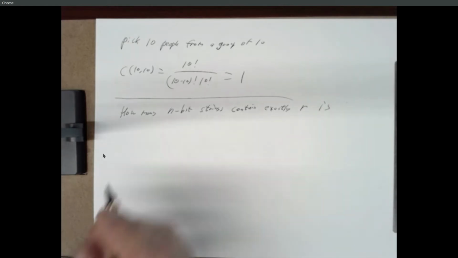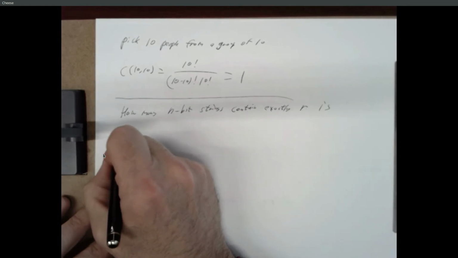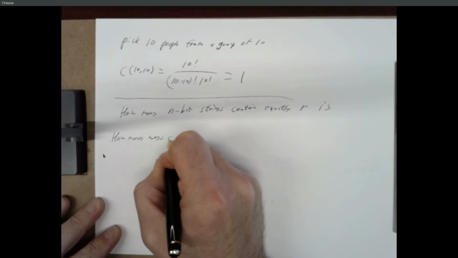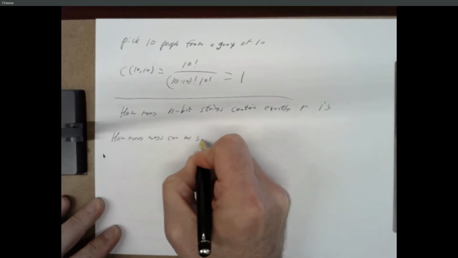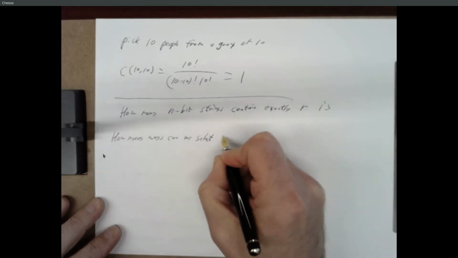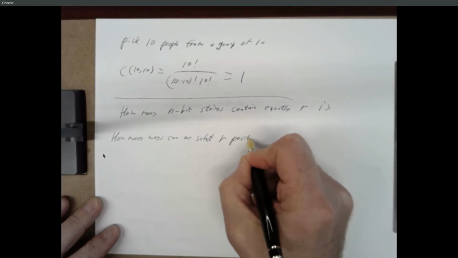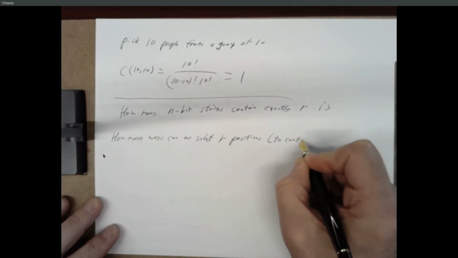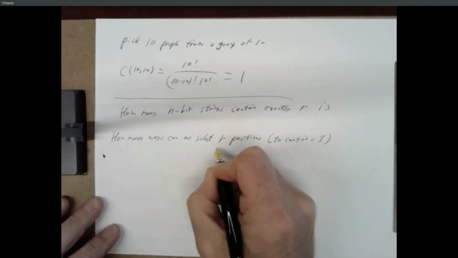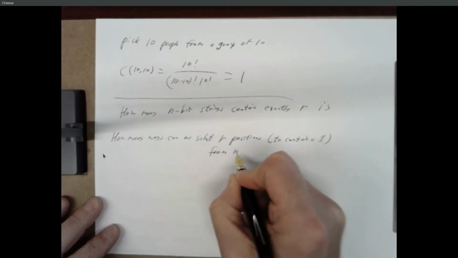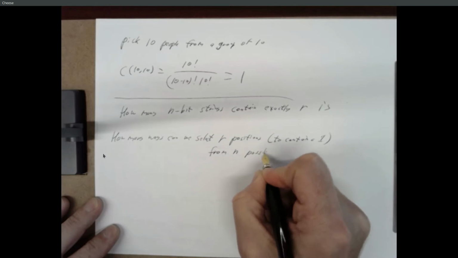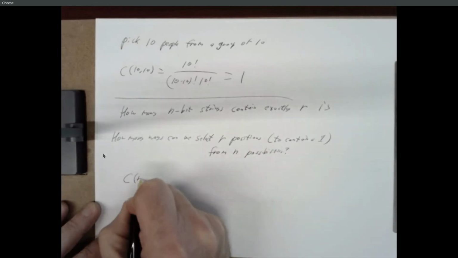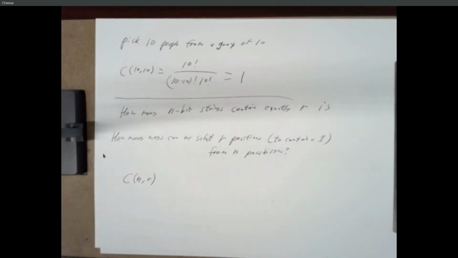So we can think of this as saying, how many ways can we select r positions to contain a 1 from n possibilities? And that's just the number of r-combinations of n objects.